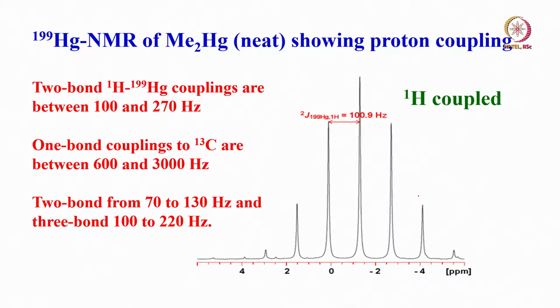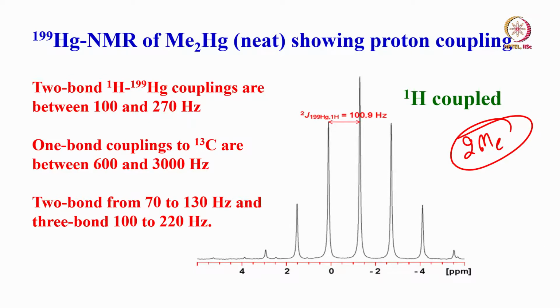Of course, you can also see proton coupling. How many peaks do you expect? We saw that mercury, very easily we can work it out. There are 2 methyl groups present. When 2 methyl groups are present, we worked out the pattern.